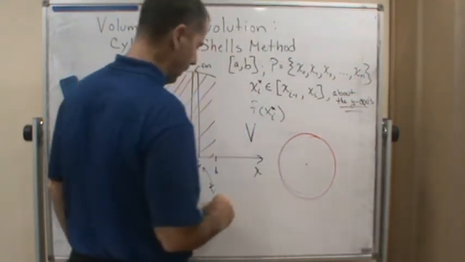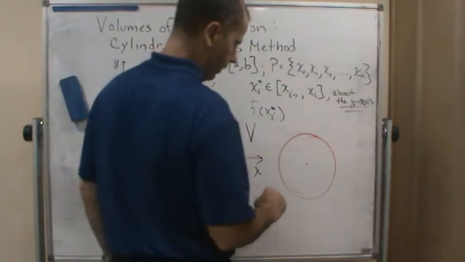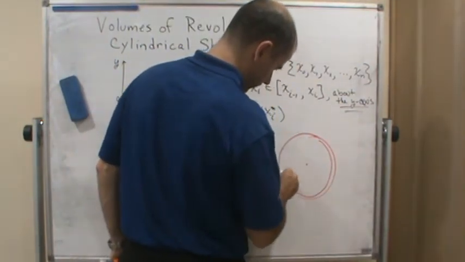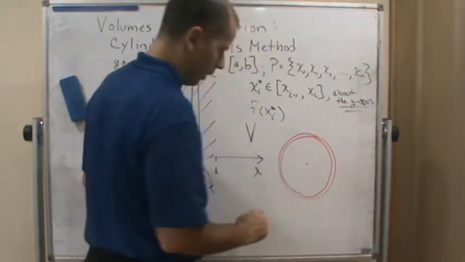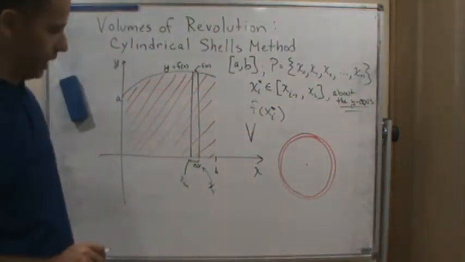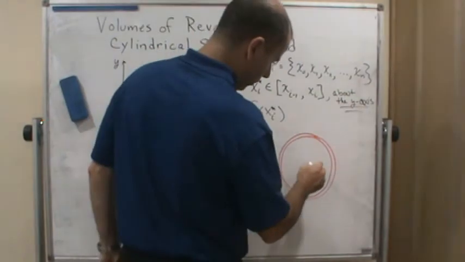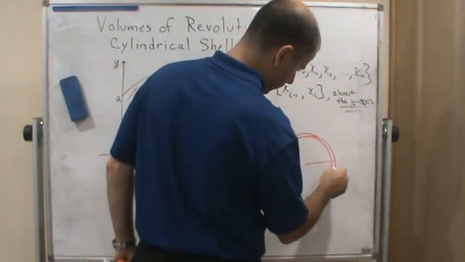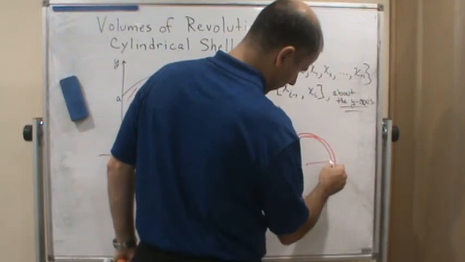We're looking down on the y-axis, and here's our shell. There's the cross-sectional area of the shell. So what we need to do is find this area.